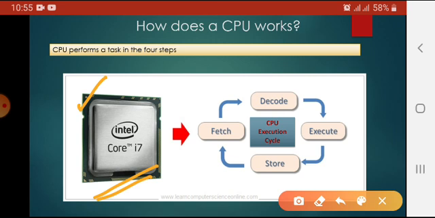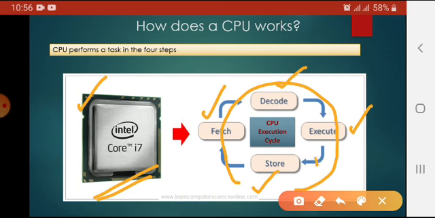Whenever some instruction is given to the computer, that instruction is processed in these 4 steps, and these are fetching, decoding, executing, storing, and this cycle goes on.